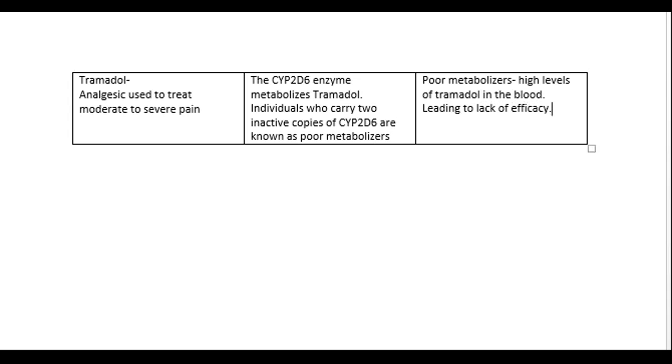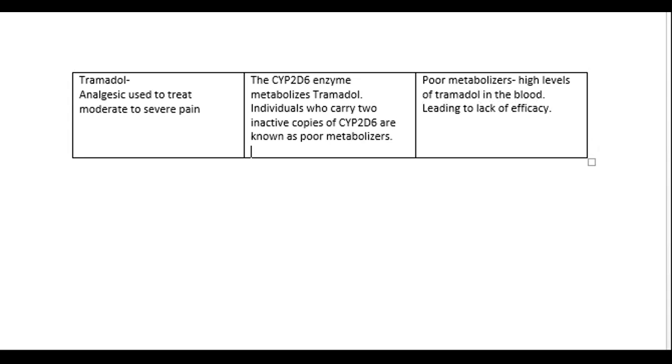And there are also some other metabolizers like intermediate metabolizers and ultra rapid metabolizers.